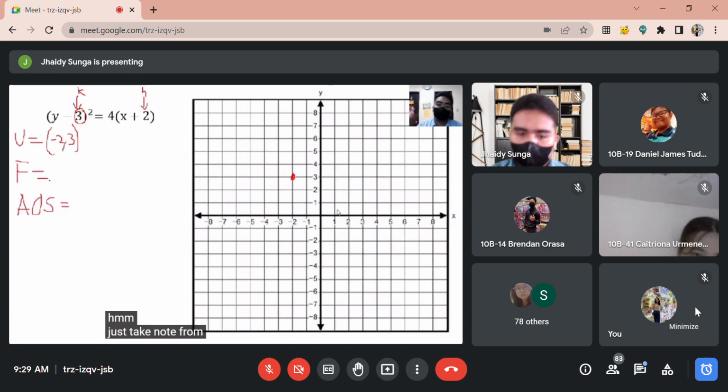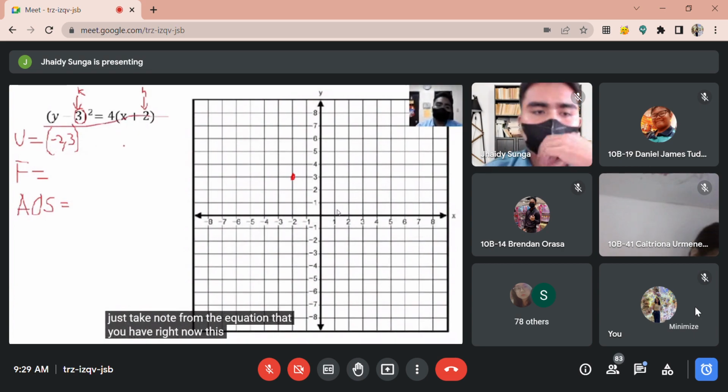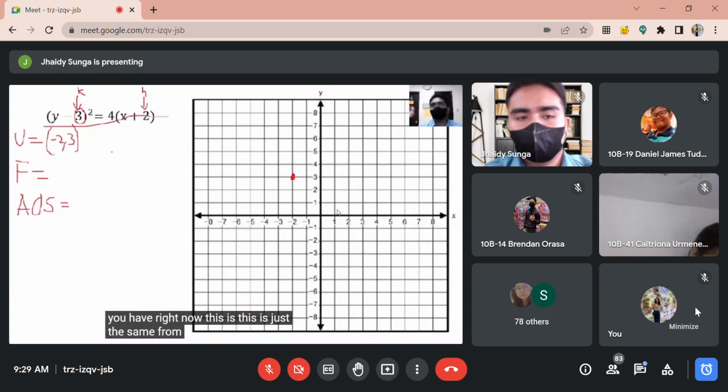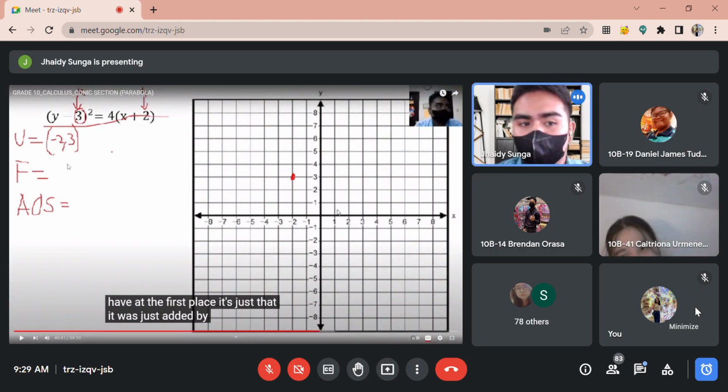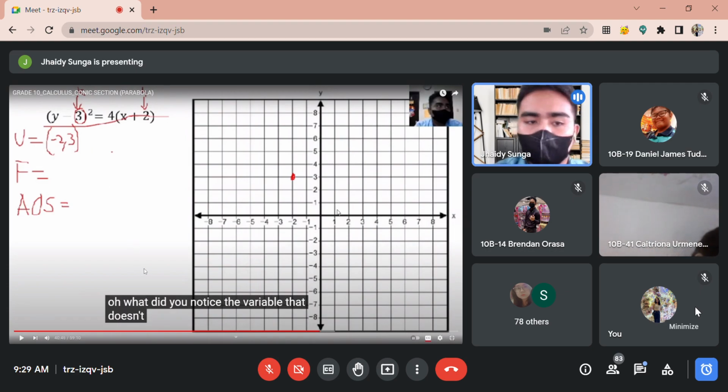Just take note from the equation that you have right now. This is just the same as the equations that you had in the first place. Our axis of symmetry there is x because x doesn't have any square compared to y. Y does have a square. So it's the x-intercept.